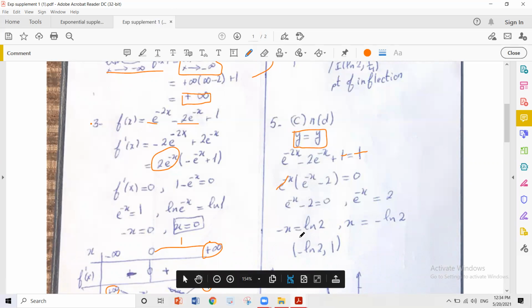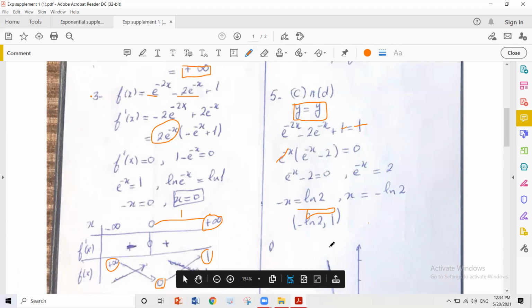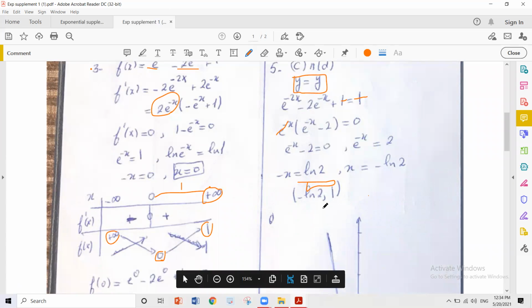Replacing in the function, we get 1. So this is the point where C cuts D at (minus ln 2, 1).